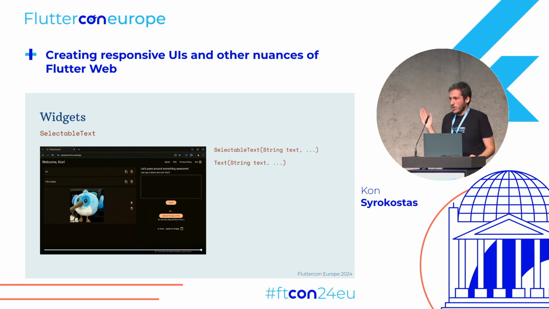Fortunately, we have the SelectableText widget, which allows us to have selectable text and is otherwise identical to Text, and SelectableText.rich, which is identical to RichText. Something to keep in mind here is also SelectableArea, which makes all of its children selectable, but sometimes it breaks, especially when there are clickable things beneath it.